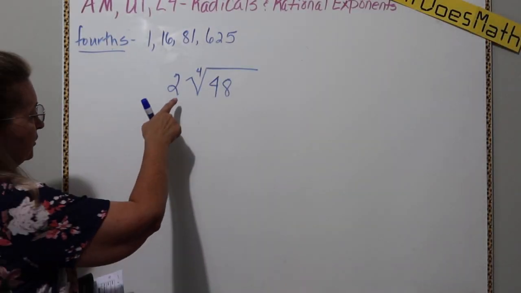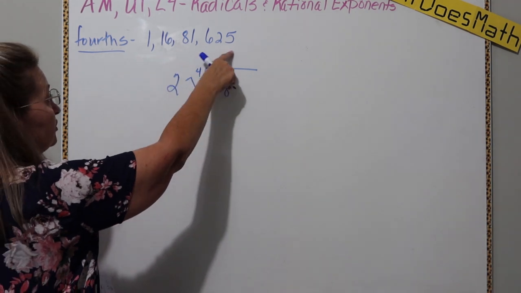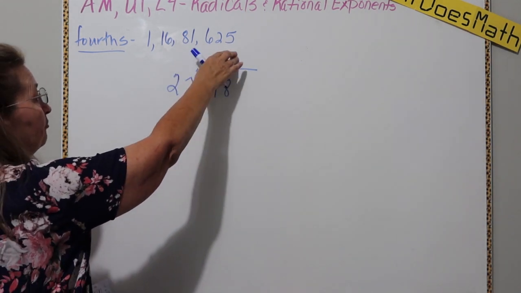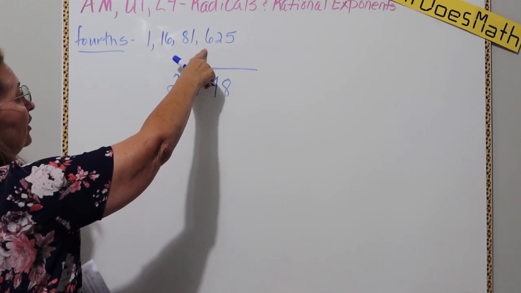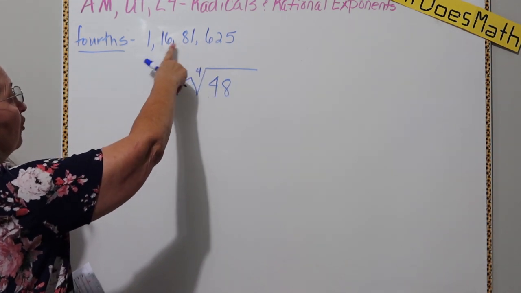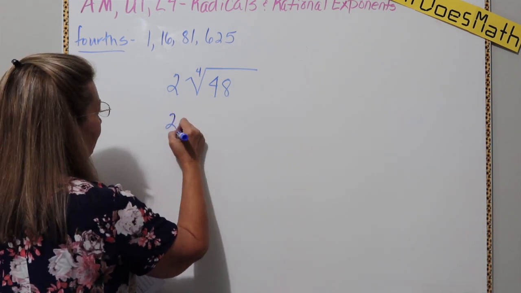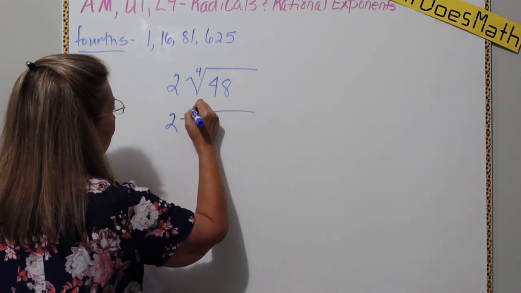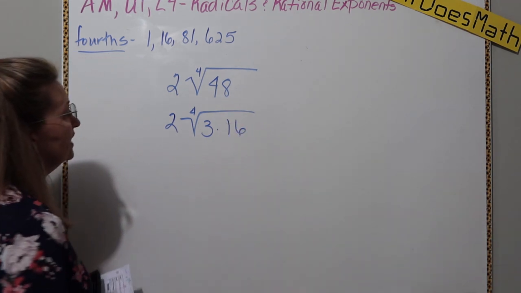Okay, example 3, 2 times the 4th root of 48. Now this time, I'm only interested in numbers that are perfect fourths. So I'm going to start here. That's too big, that's too large. So will 16 go into 48? Yes, it will. So I can rewrite this as 3 times 16.